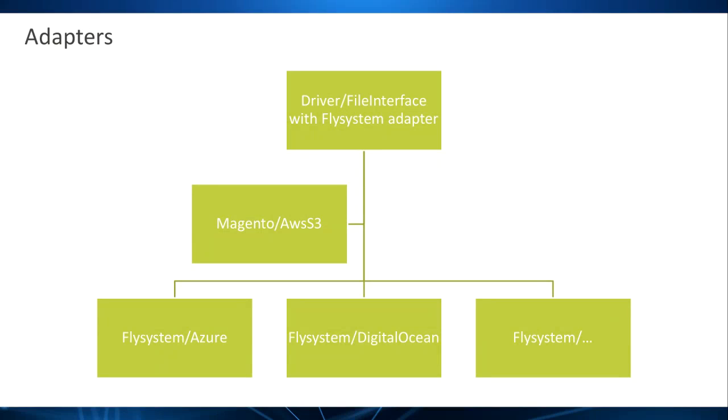To support AWS S3, we use the Flysystem adapter from thephpleague. And this one is very robust. In its first iteration, the new functionality that you will see within the release of Magento 2.4.2, we added the AWS S3 adapter. But Flysystem itself supports many other adapters. It supports Microsoft Azure Cloud Storage, Google Cloud, and also DigitalOcean.